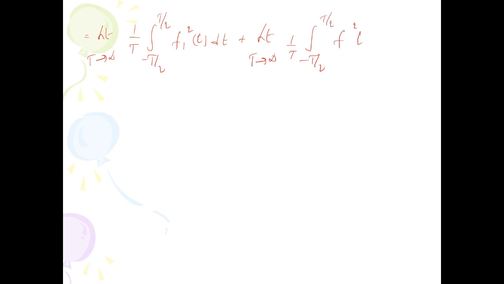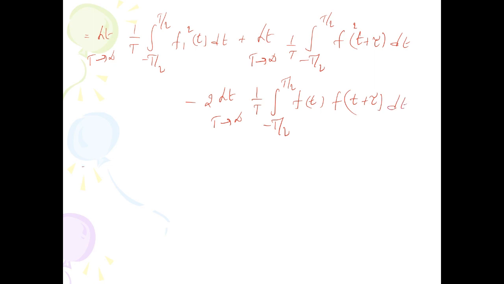Now if we expand this, we get limit T tends to infinity 1 by T integral of f square of t dt, plus limit T tends to infinity 1 by T integral of f of t plus tau square dt, minus 2 into limit T tends to infinity 1 by T integral of f of t times f of t plus tau dt.